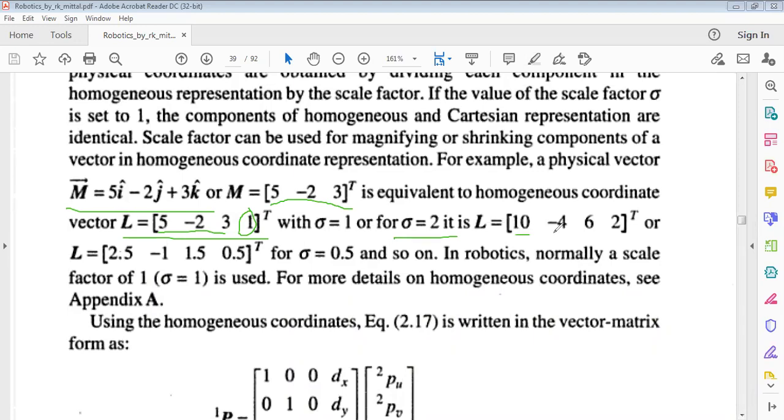The second component, -2 into 2, is -4. 2 into 3 is 6. Suppose the scale factor is half, 0.5. Then the components in both coordinate systems are halved: 2.5, -1, 1.5. In robotics, we always take the scale factor sigma as 1.